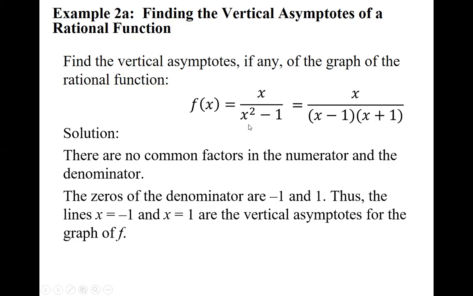We also could have done x squared minus 1 equals 0, which means x squared equals 1, which means, taking the square root of both sides, x equals plus or minus 1. But for asymptotes, it really is better if you factor everything first. And that's because, as it says here, there are no common factors in the numerator and the denominator.